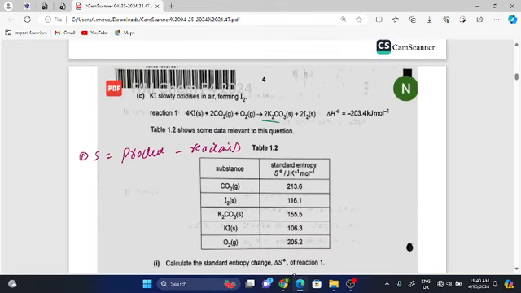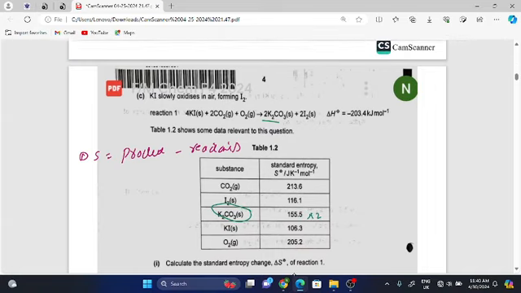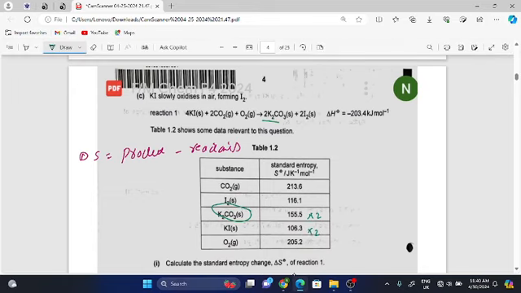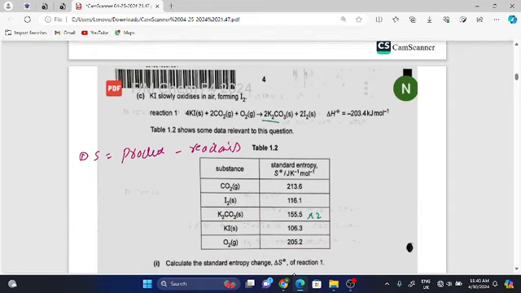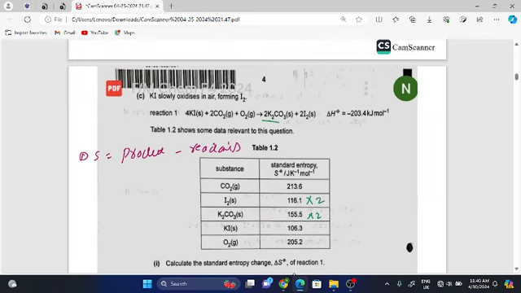So you can write that is 2 times K2CO3. So K2CO3 is that one, times it by 2. Then iodine is also 2 times. Sorry, that is potassium iodide. I have to work for iodine, so that would be times it by 2. So that will be the product side.